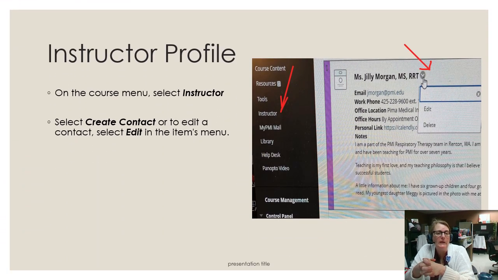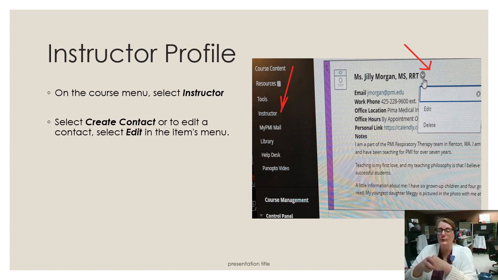So in each course, just below tools is your instructor contact. What's really great about this is once you make a great contact, you can course copy just the contact from one course into another.